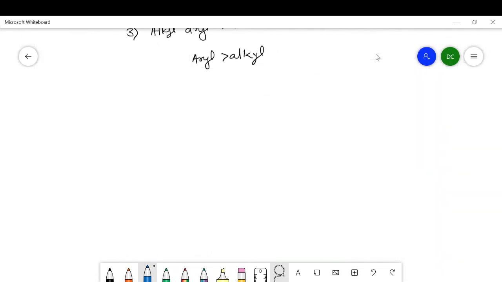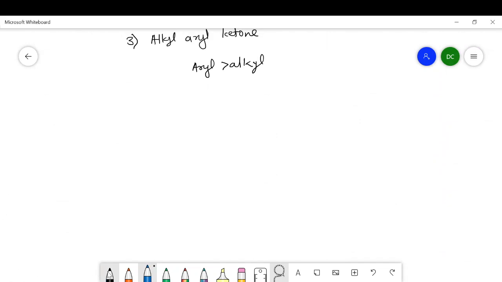From that, it is very much clear. So I will write the structure like this: CH3, CO, then here I will write CH, CH3, and CH3. Here the per acid, I will write metachloroperbenzoic acid.